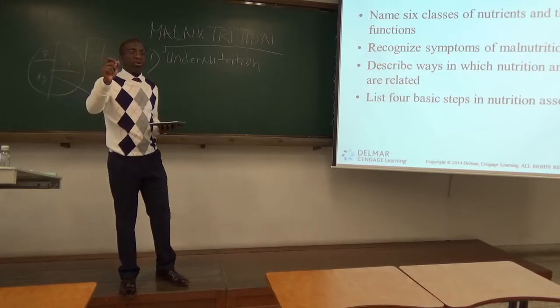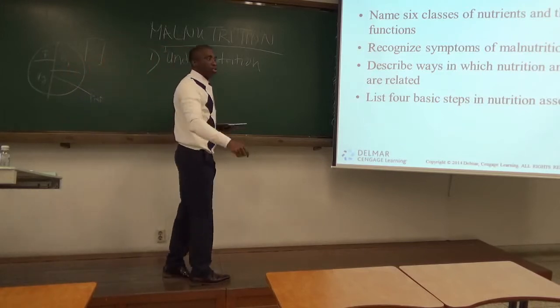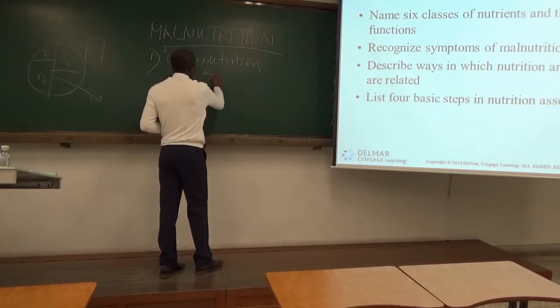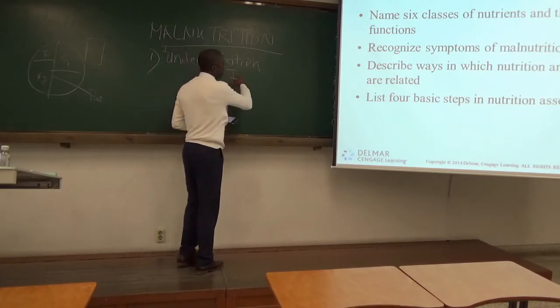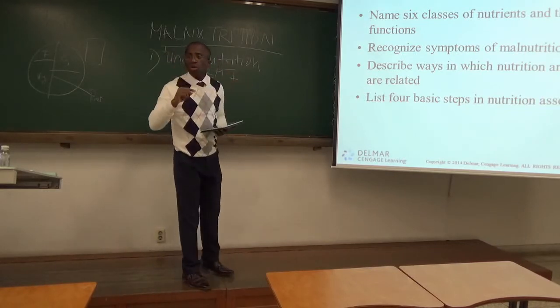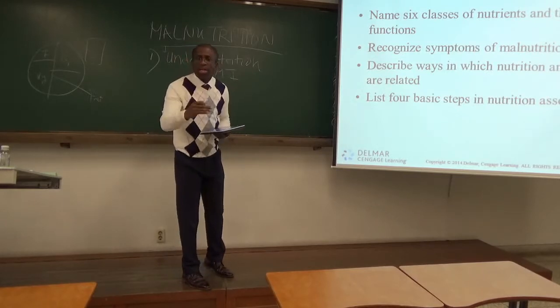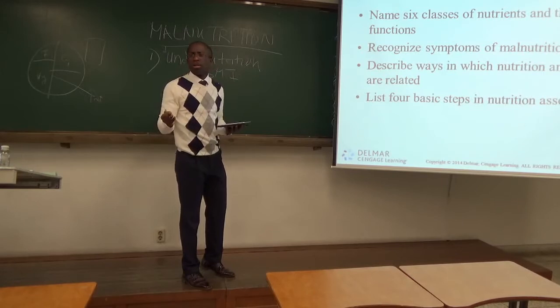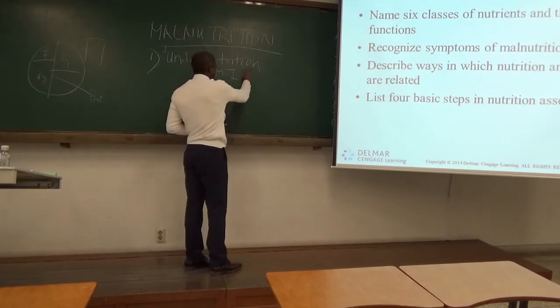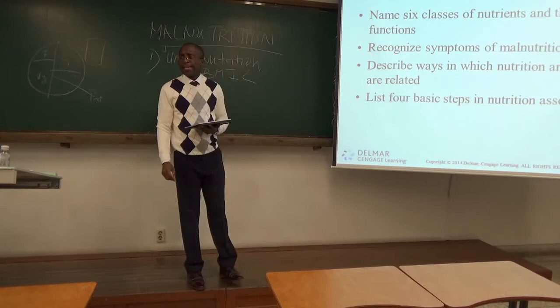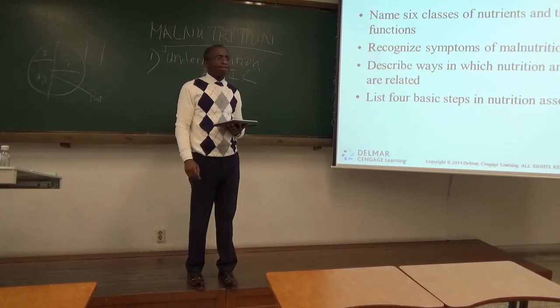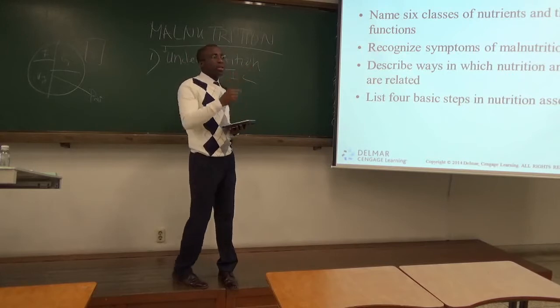Remember when we calculated BMI, what did we say? People who are undernourished, or in the category of undernutrition, their BMI is usually around where? Any idea? Body mass index. Very good.